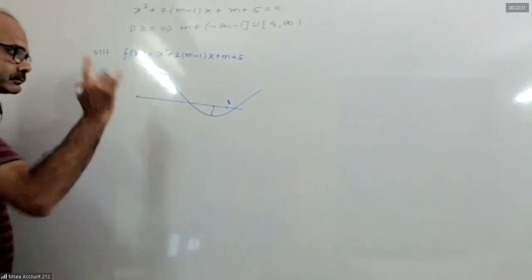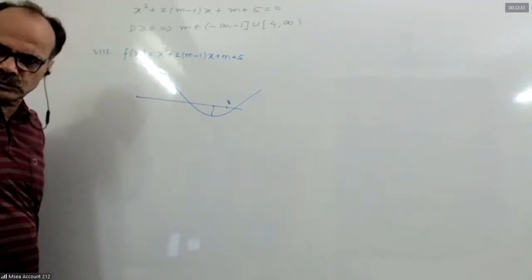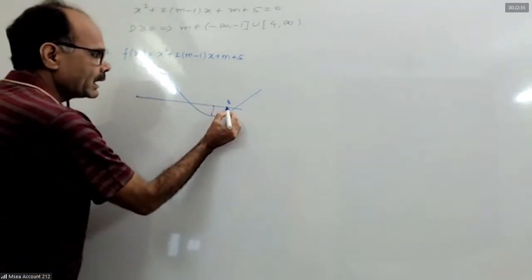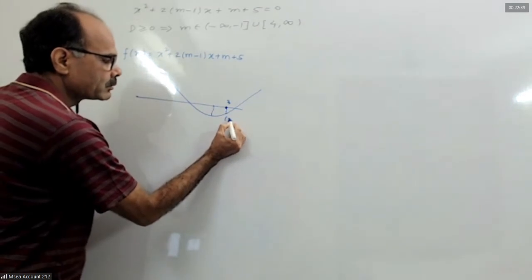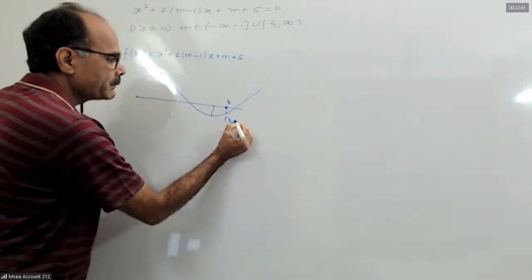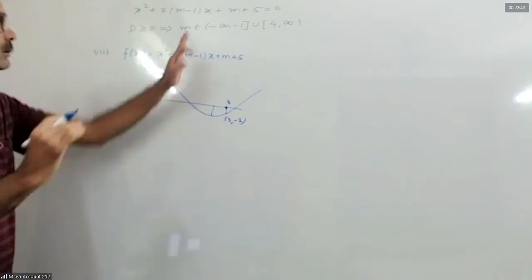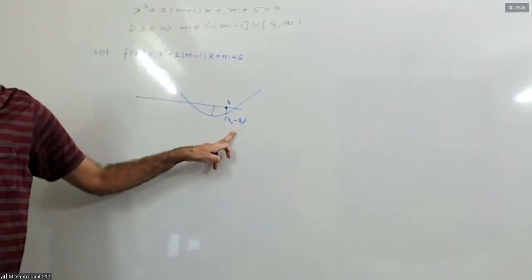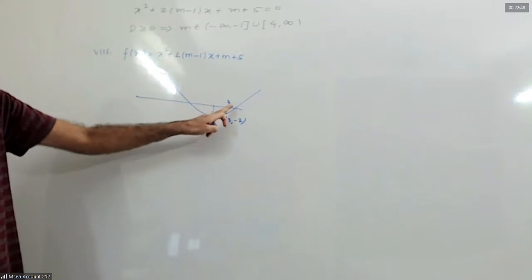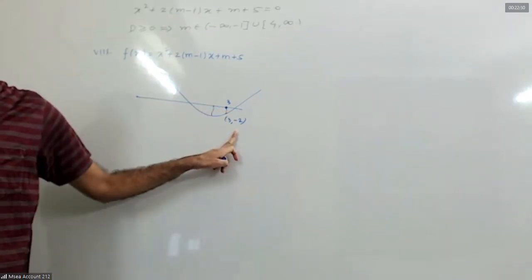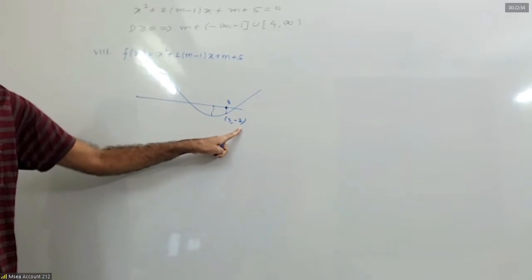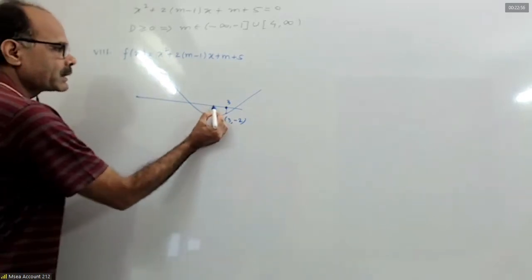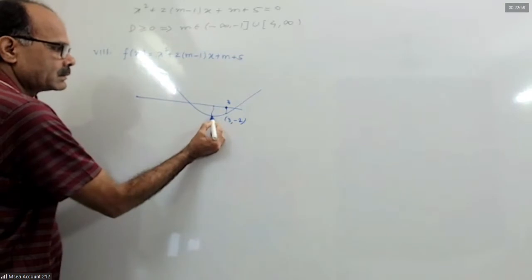Now, just to make you understand, suppose at 3 this is some negative value, say minus 2. I am just assuming it, because I am imposing the condition f(3) is negative. Let us assume that at 3 the function attains the value minus 2. Here the turning point, minus b by 2a, whatever it is, turns.